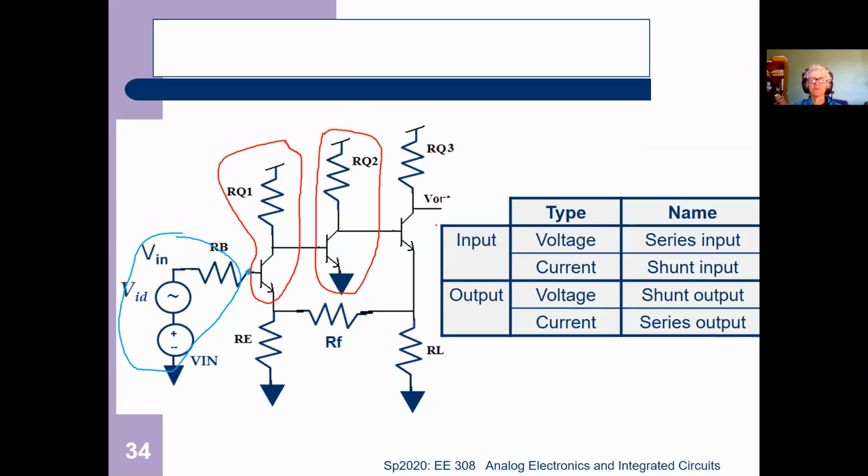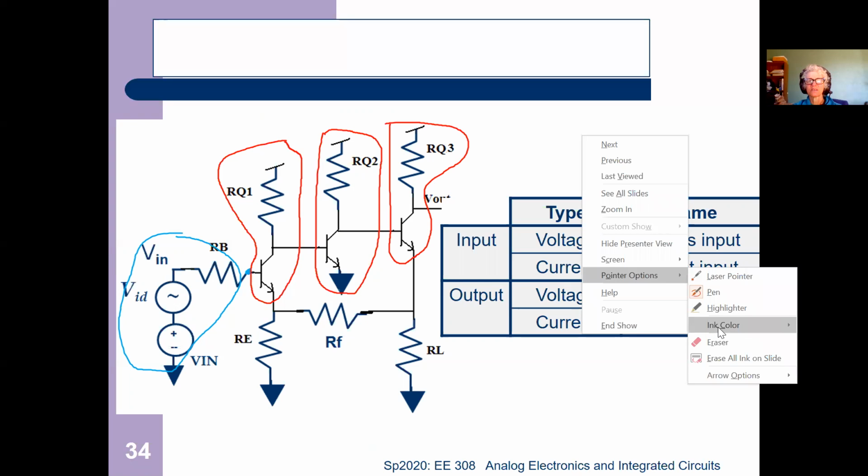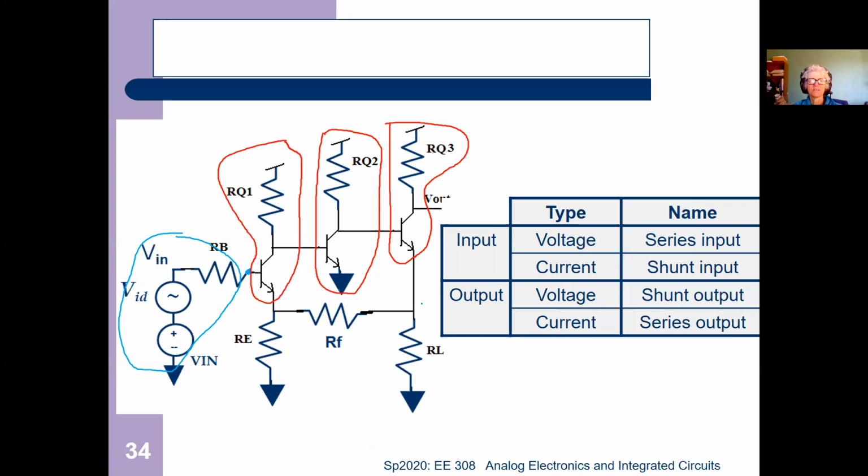Is this a common emitter or is this common collector? V out should tell you. Looks like common emitter, because V out is at the collector. So to circle the vanilla circuit, that. And then your feedback is this whole thing.